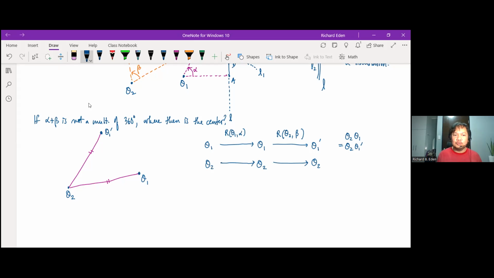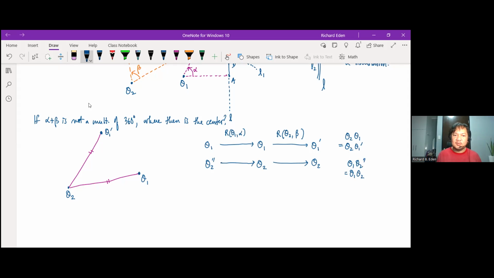Let's call it O2 double prime. So ibig sabihin, O2 double prime, wherever it is, and O2 should have the same center from O1. So O1, O2 prime is the same as O1, O2.